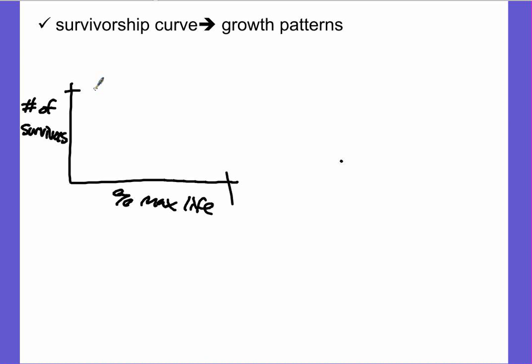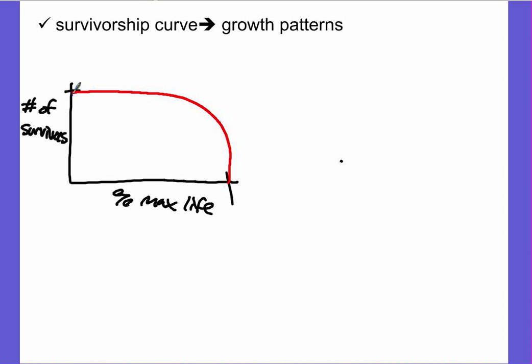But you get 3 different curves at the end of the day. Sometimes you get a curve that looks like this, where from the beginning you have lots of organisms, and they tend to survive for a really long time until they reach that maximum lifespan, and then it's going to drop off. Right? Or you could be the exact opposite of that.